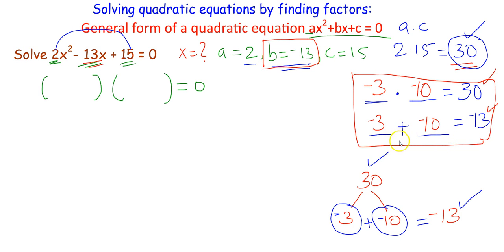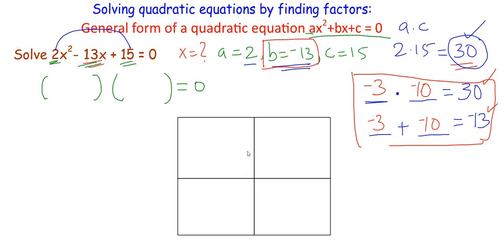Okay, so once you have this, you can go ahead and find the factors. There are two ways of finding the factors. One is using the distributive property, and the other we call the box method, which is very easy. So let us use the box method to find the factors of that expression.